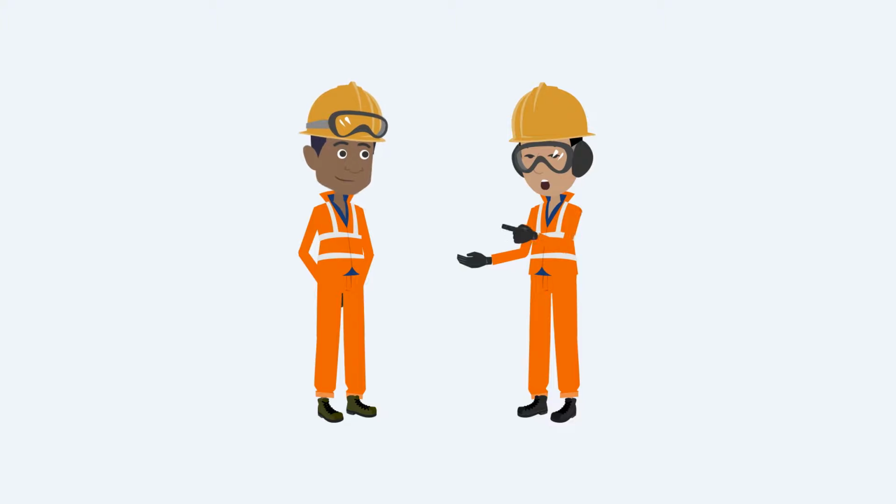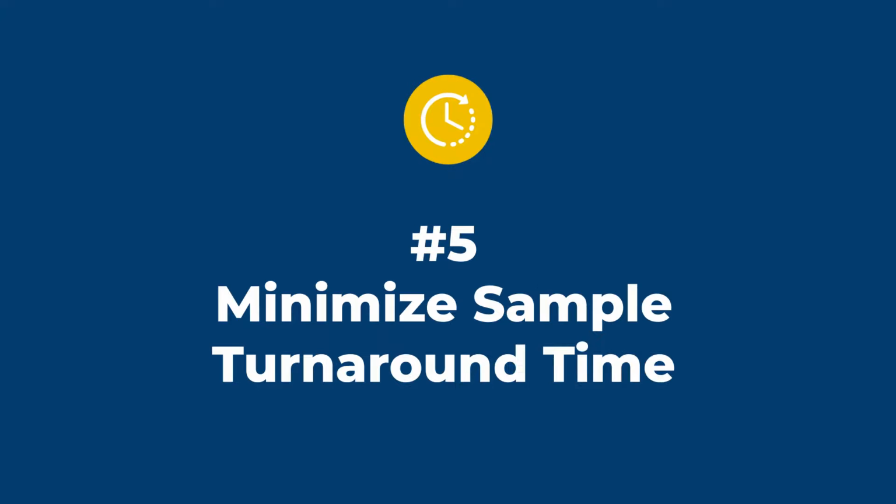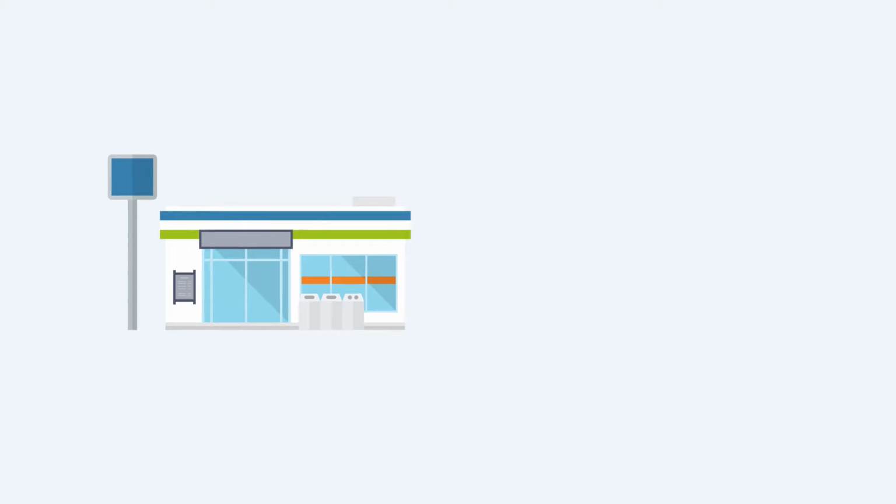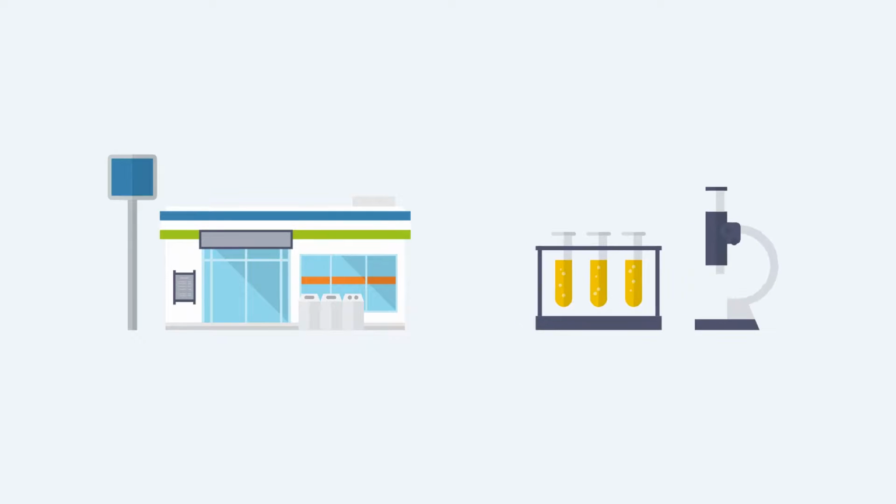Train and retrain, when necessary, the personnel responsible for taking samples on the appropriate sampling points, frequency, and designated method for each unit tested. It's important to take an active role in minimizing sample turnaround times. This means doing everything you can to avoid any sample delays, whether at your shop or when the samples are processed at the laboratory.